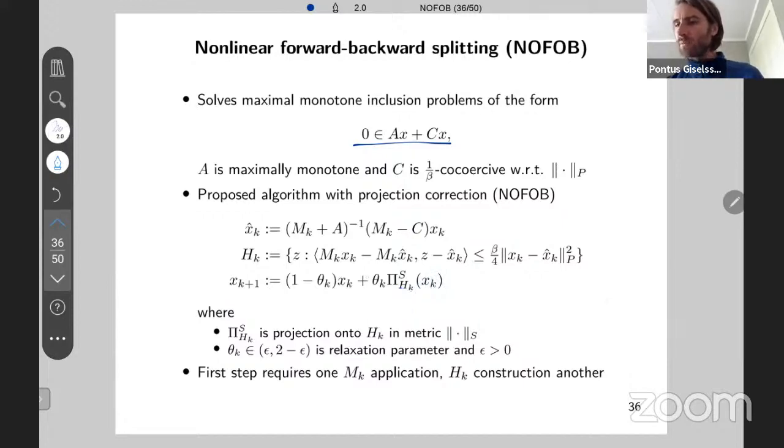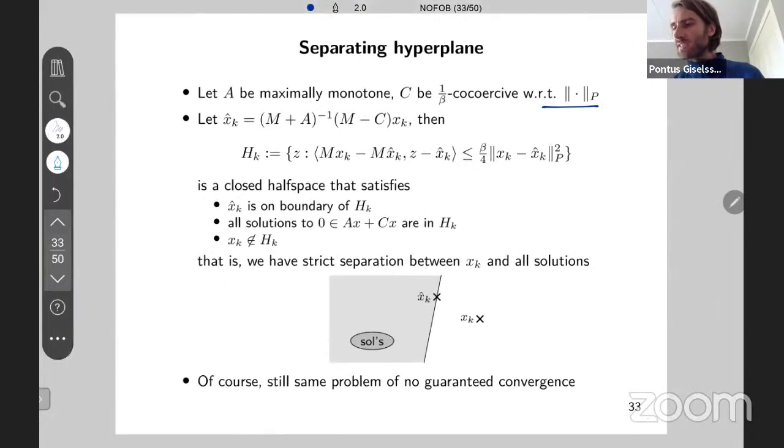So essentially, what this method does is we take a step like this, we construct hk, and we find x hat k, and then we project onto that. This is the projection of xk onto hk, and then we do a relaxation. There was a factor theta, I will show it again. This is a relaxation where we can come anywhere on this line in between xk and twice as far into the set compared to the projection point.